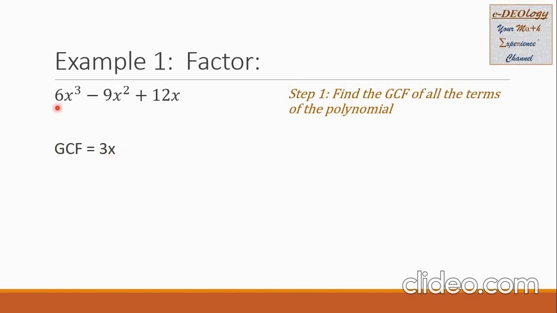Looking at the numbers 6, 9, and 12, the greatest common factor of these three numbers is 3. For the variables x cubed, x squared, and x, the greatest common factor is x. So the GCF of this trinomial is 3x.